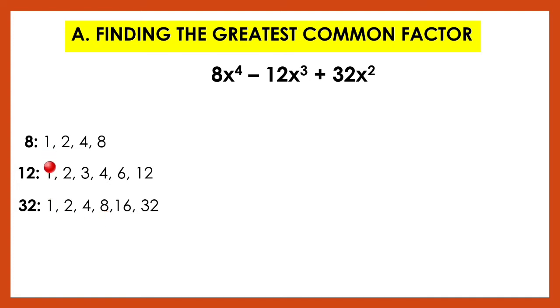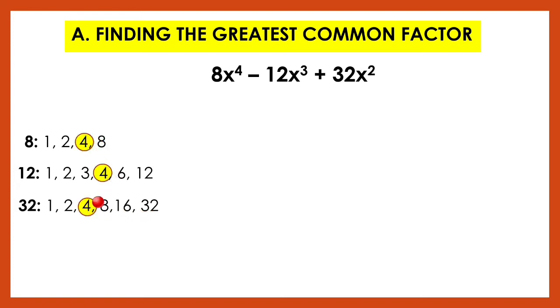So, meron silang common na 1, merong common na 2, at saka merong common na 4. So, yung 8 at 32 lang ang common, walang 8 sa factors ng 12. So, wala ring 16, wala ring 32. So, ang greatest common factor niya is 4.